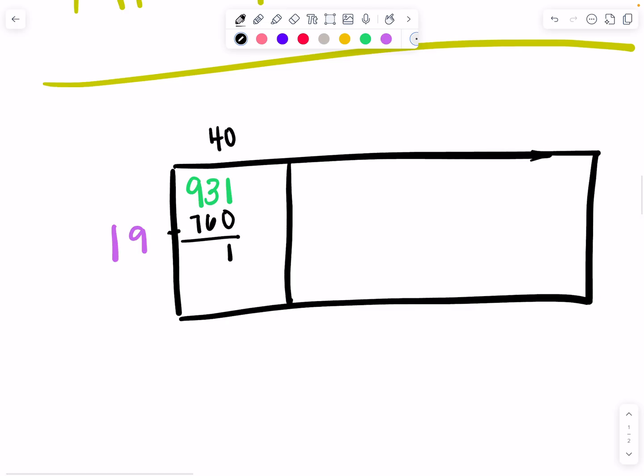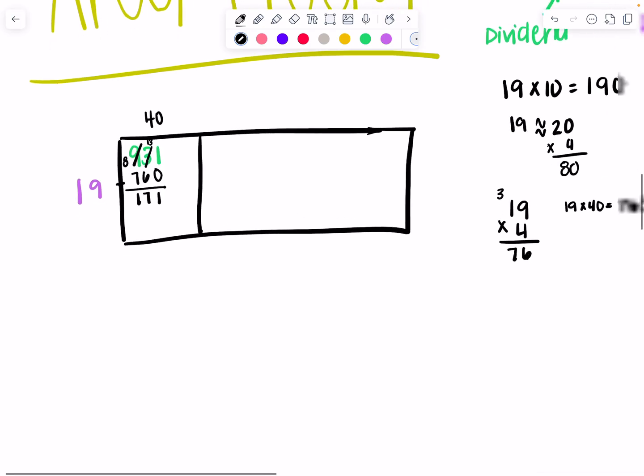1 minus 0 is 1. I cannot subtract 3 from 6, so I'm going to have to borrow. 13 minus 6 gives me 7. 8 minus 7 gives me 1.